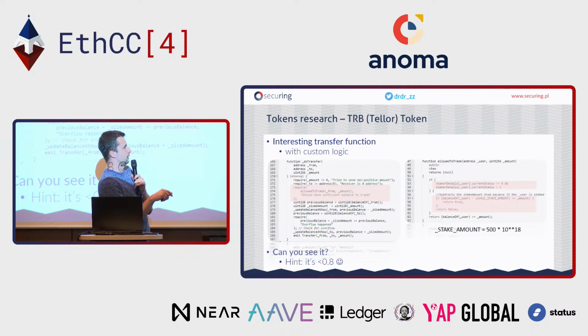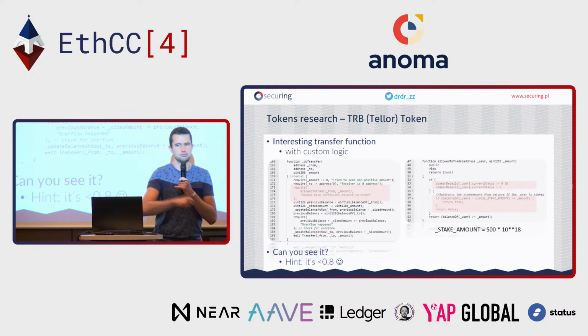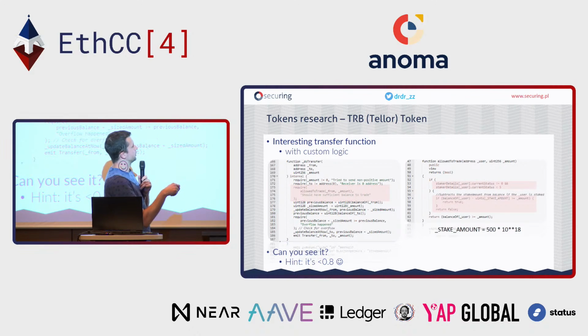This part is fine. If you have more than you want to send, it's cool. However, there was a special case when you have some kind of status. I have no idea what that is yet, right? I'm just reading the code, the names and the numbers.